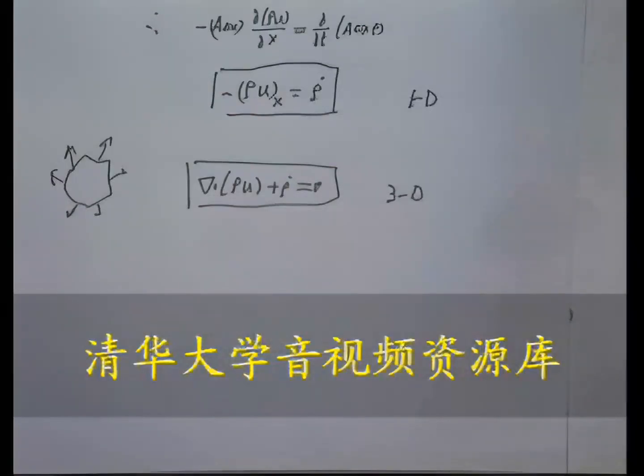The difference relates to how much mass is increasing inside.